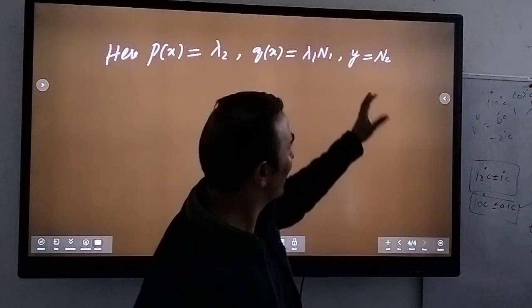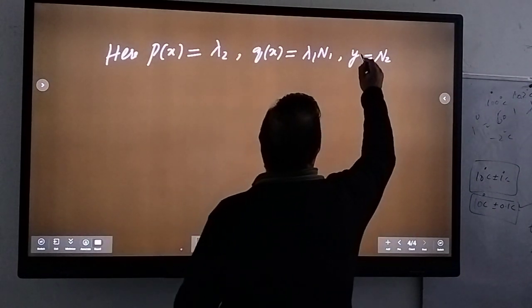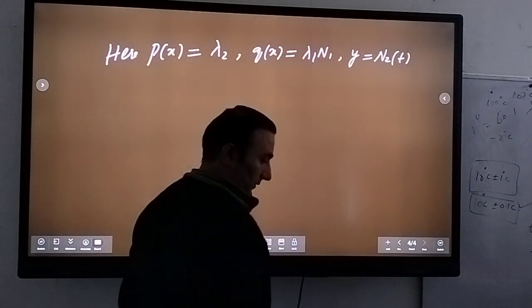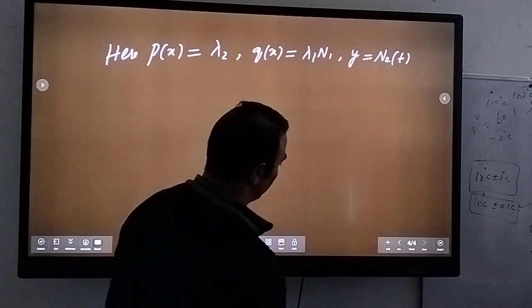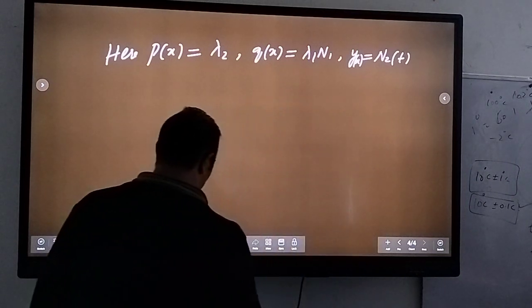So better to write y of t, and this will be N2 of t here, since y is a function of x.